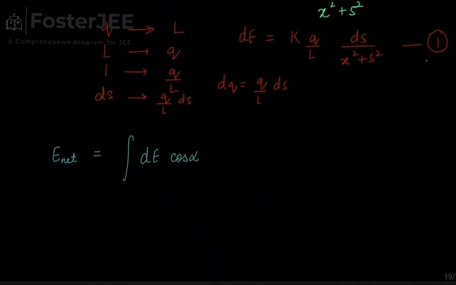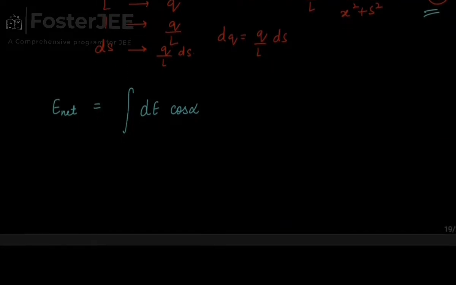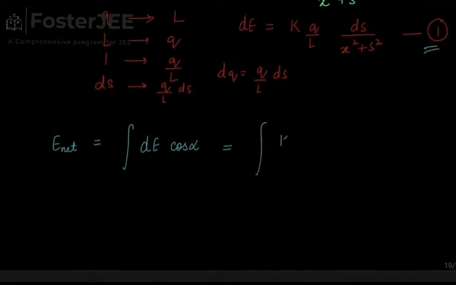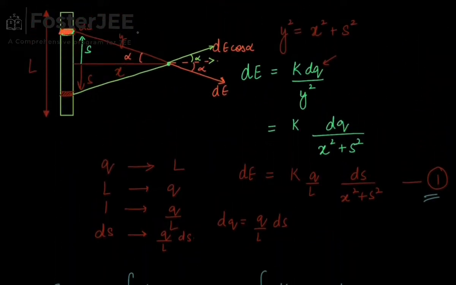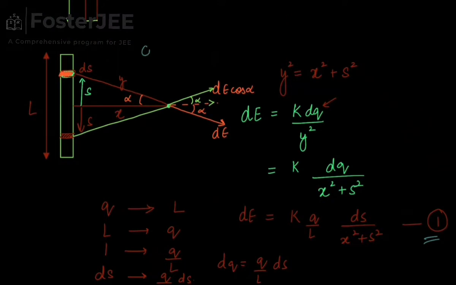From equation 1, we will put the value of dE and it becomes integration kq upon L ds upon x square plus s square. Now the value of cos alpha from this diagram, we can write cos alpha as base upon hypotenuse.